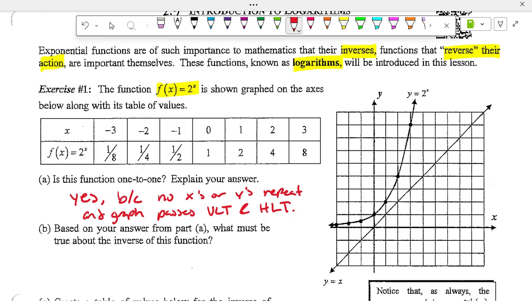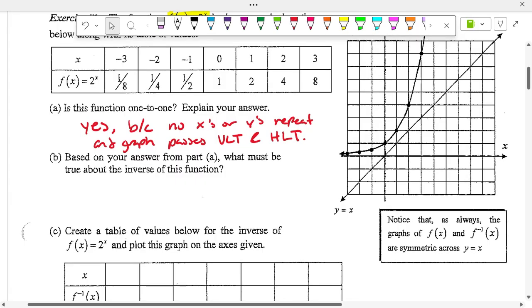Now, when we talked about one-to-one functions, why was it important that we knew what one-to-one functions were? What does that tell us about the inverse of a function if a function is one-to-one?